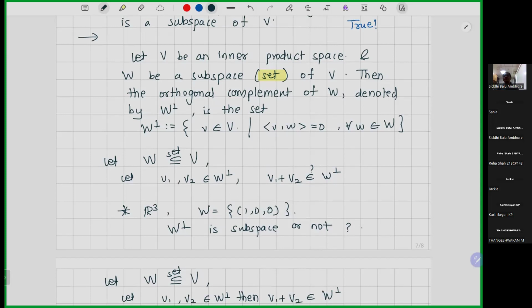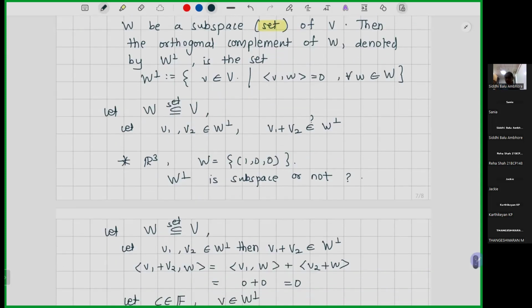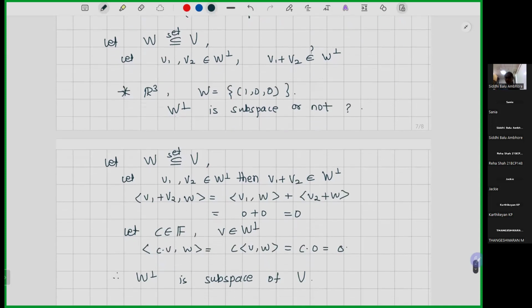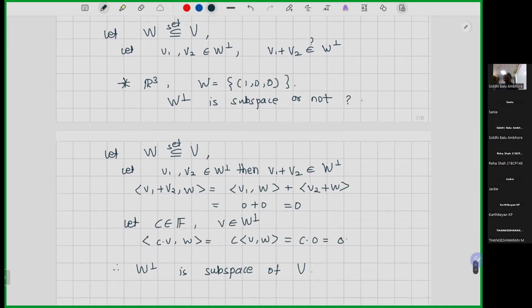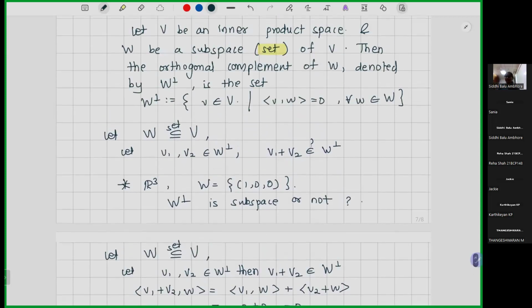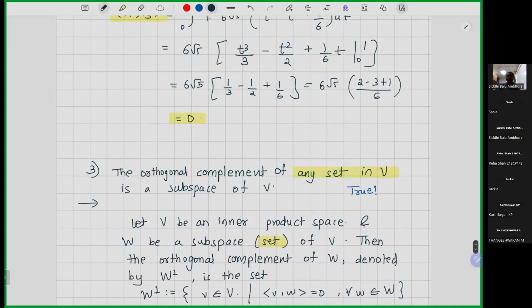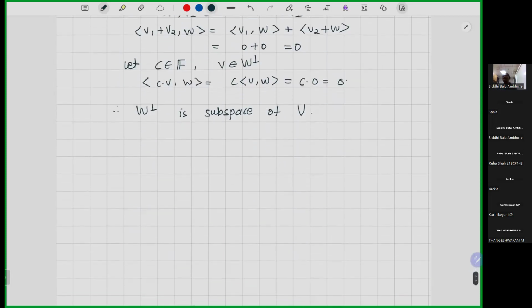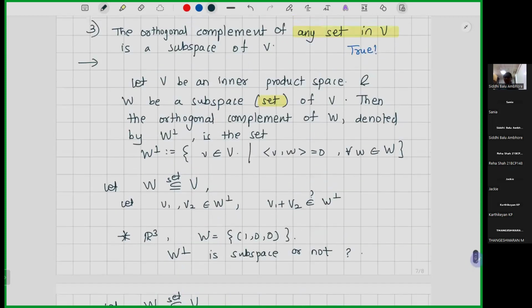Because you would need the same dimension to do the inner product, right? Or this set would be of size 3, not vectors. Any set in V. I mean the W must be inside V.